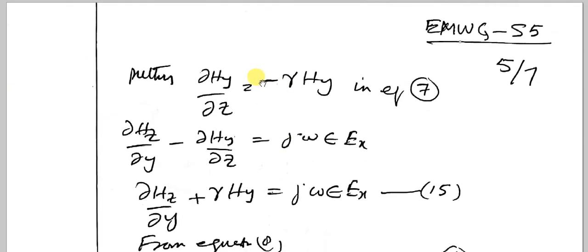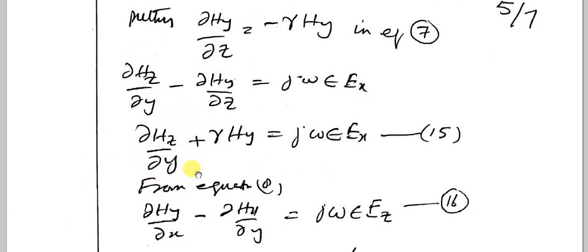Now putting delta Hy by delta z equal to minus gamma Hy in equation number 7. In equation 7, we have delta Hz by delta y minus delta Hy by delta z is equal to j omega epsilon Ex.